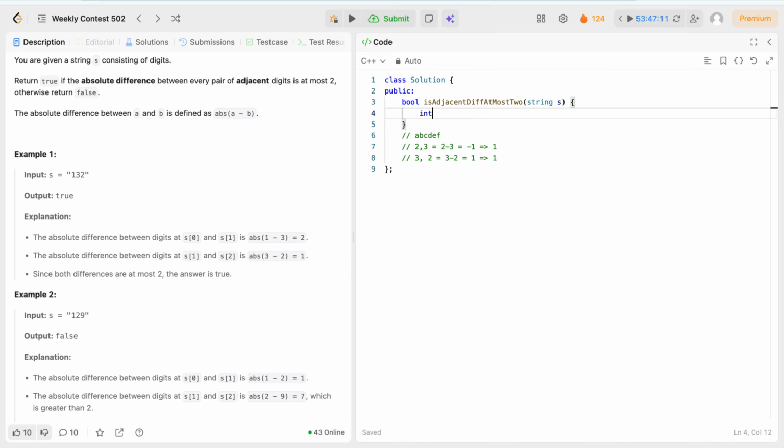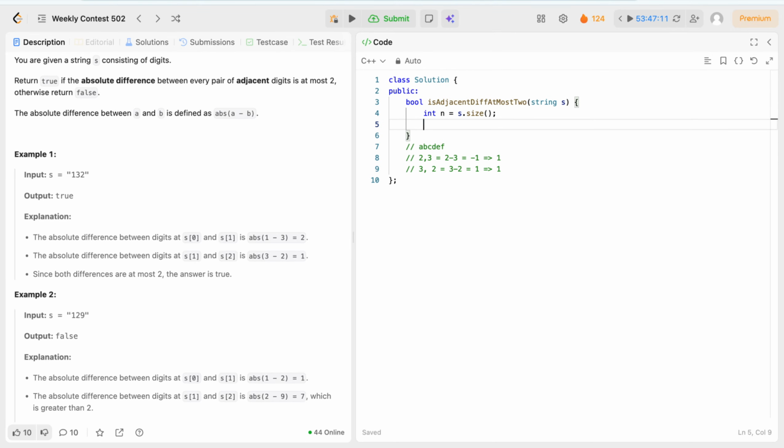So we will take int n is equal to s dot size. Now we are talking about pairs, so we will start from int i equal to 1. We will find the difference between i and i minus 1. As we are taking i and i minus 1, we can't start with i equal to 0, because the first index will be 0 and i minus 1 will become minus 1, which will give us an error.